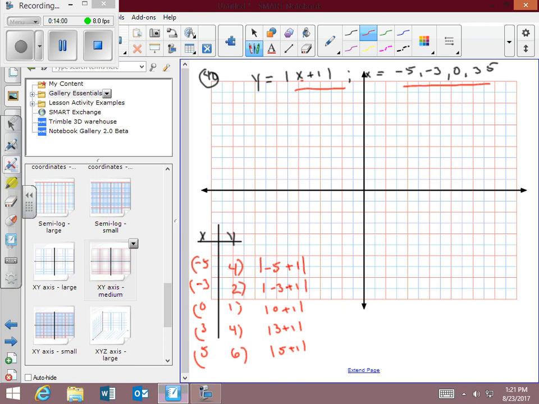Plot. So it's a minus 5 and a plus 4. So I'm going to come back here 5 and go up 4. So it's right there. And then it's a minus 3 and a plus 2. And then it's a 0 and a plus 1. And then it's a 3 and a 4.